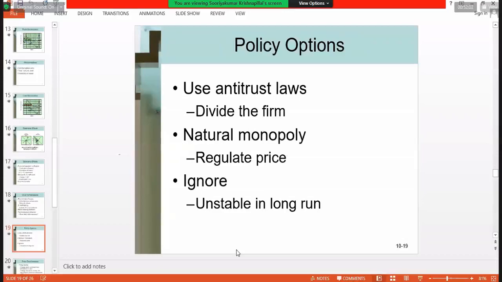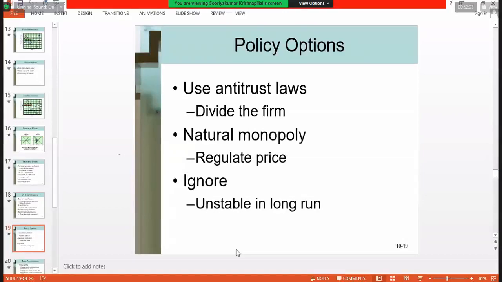When two firms become one firm, they may become a monopoly like that. So they use the antitrust law to divide the firm, or they don't allow two big firms to become one firm. They don't allow the merger of two firms.